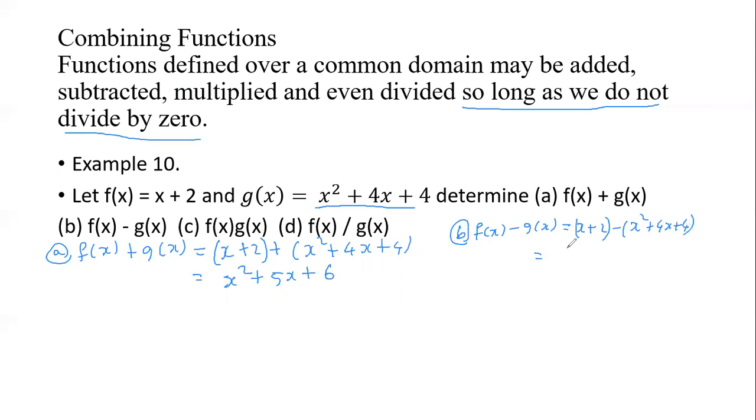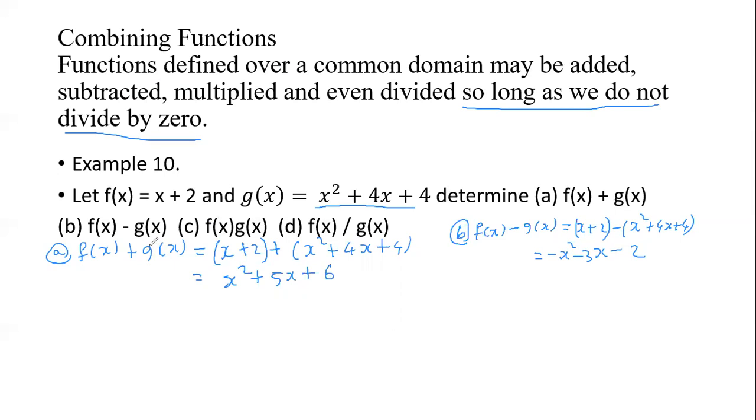So we get negative x squared, negative 4x plus x is negative 3x, negative 4 plus 2 is negative 2. That's B.